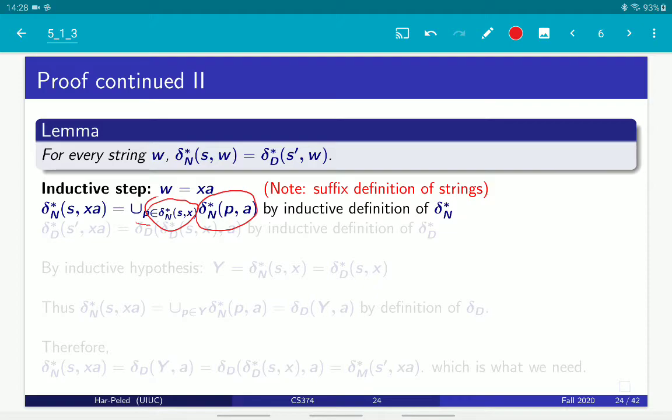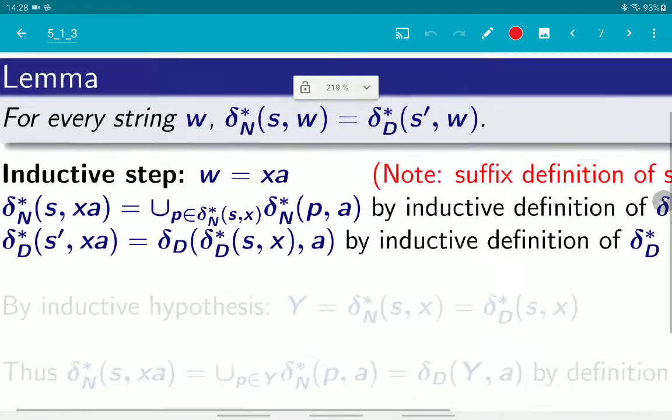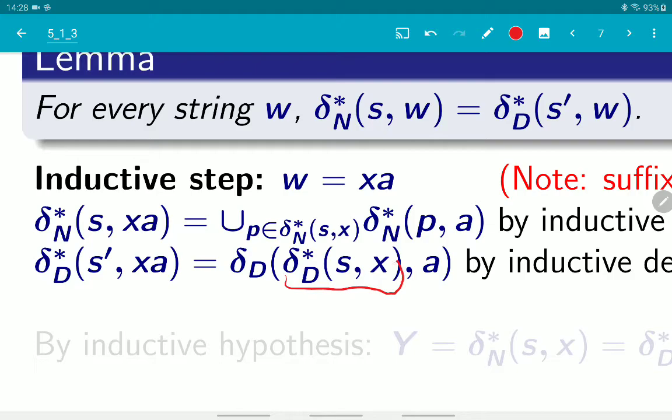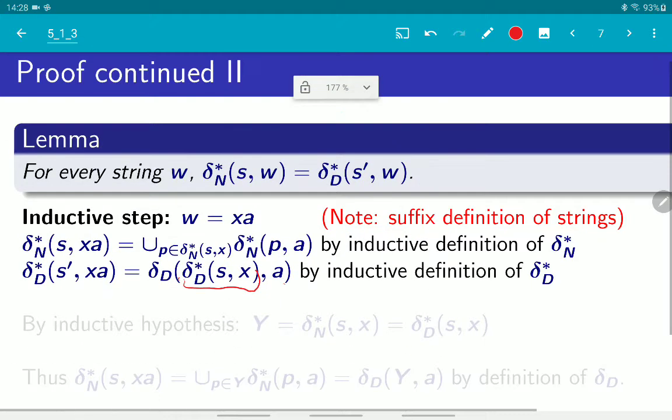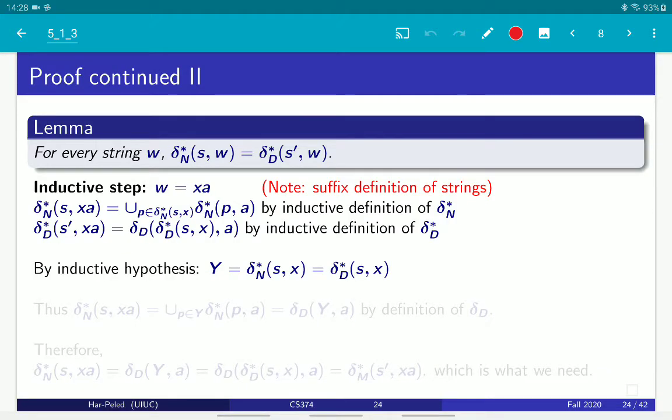Now we just need to use the induction, right? So let's see. For the DFA D, when we apply XA, we first have to do the transition on X, and then the transition of whatever state we get on A. This is the definition of the transition function for D. And now we apply the induction, right?